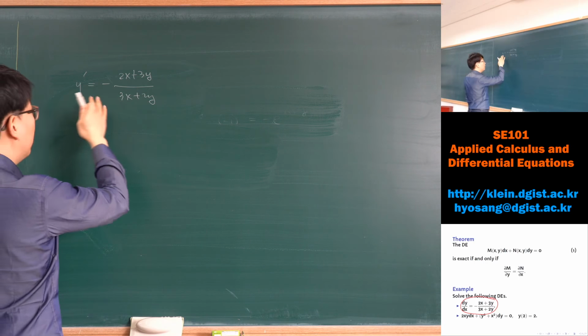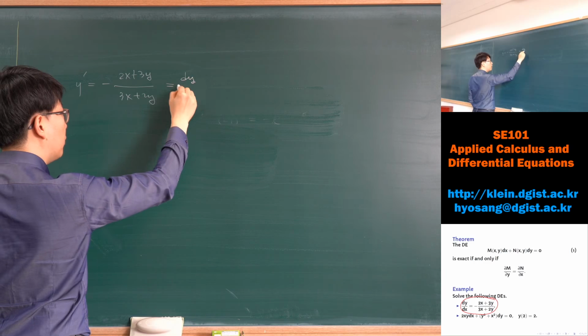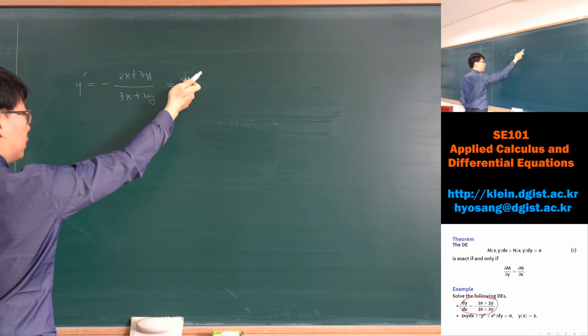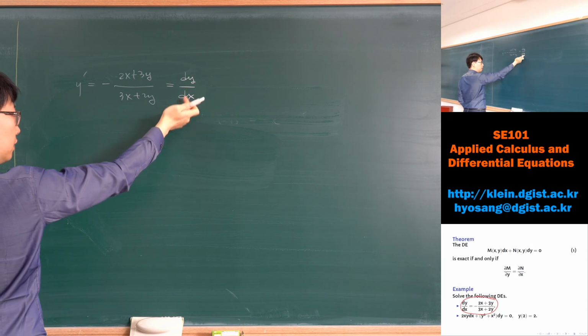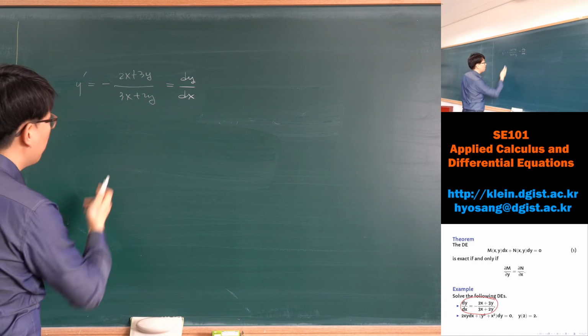When I rewrite this in terms of dy and dx, I separate y prime as a fraction of dy and dx. Consider that dx is an infinitesimal change of x and dy is an infinitesimal change of y.